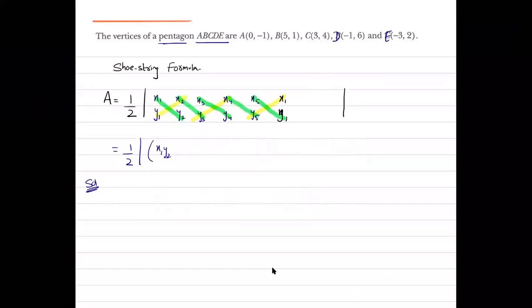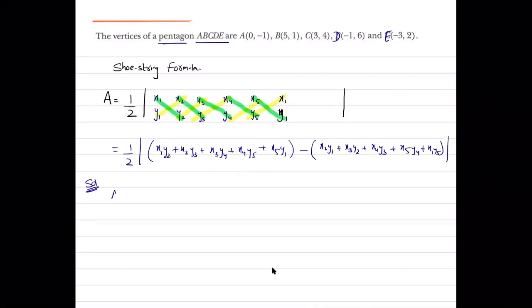So this is going to be x1 y2 plus x2 y3 plus x3 y4 plus x4 y5 plus x5 y1. You don't have to remember this formula, okay? Minus x2 y1 plus x3 y2 plus x4 y3 plus x5 y4 plus x1 y5.